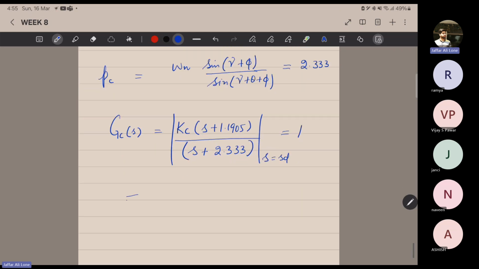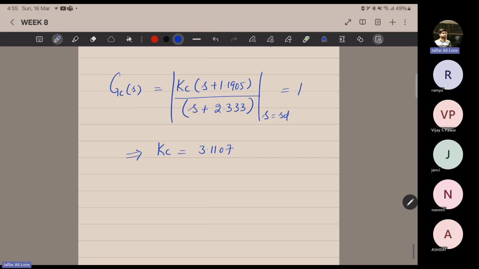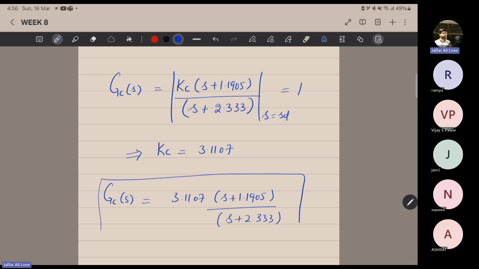Then you will find the value of Kc to be 3.1107. So finally, your compensator will be 3.1107 into S plus 1.1905 divided by S plus 2.333. This is the required lead compensator that meets the desired specifications.